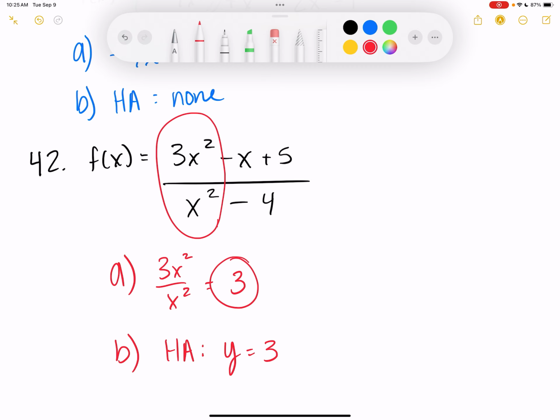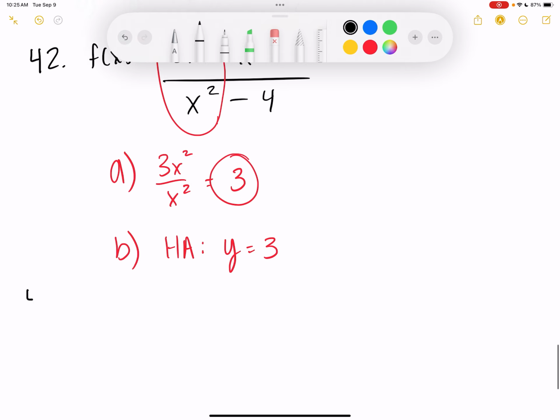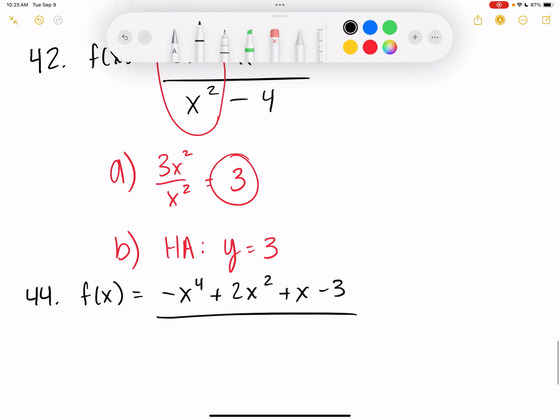44. F of x equals negative x to the 4th plus 2x squared plus x minus 3 over x squared minus 4. I always feel like when I'm doing this, it's so pointless to write out the entire thing because you don't care about any of it but the first part.